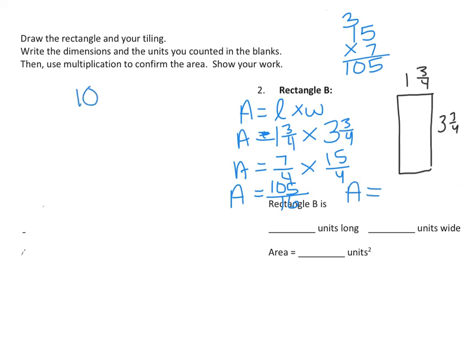So I'm going to do 105 divided by 16. So 1 divided by 16 I can't do. 10 divided by 16 I can't do. So 16... Oh gosh, so how many 16s are going to fit into 105?